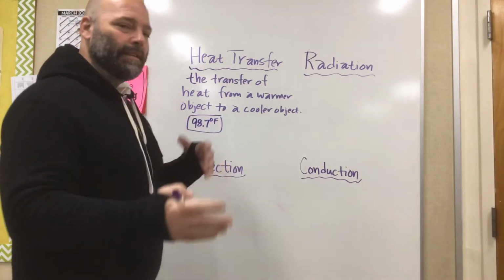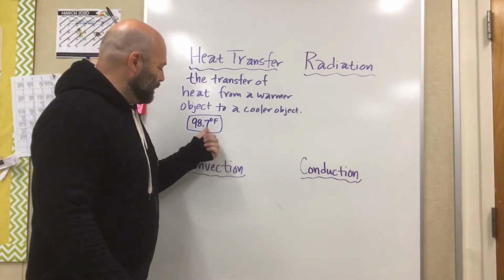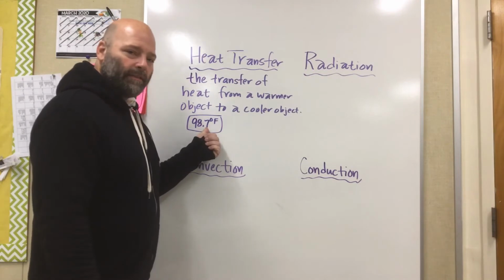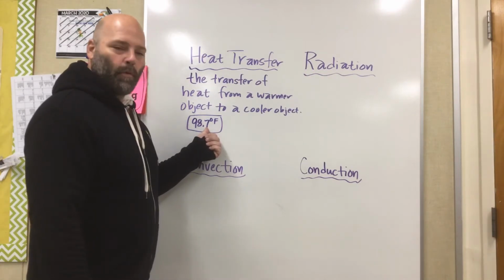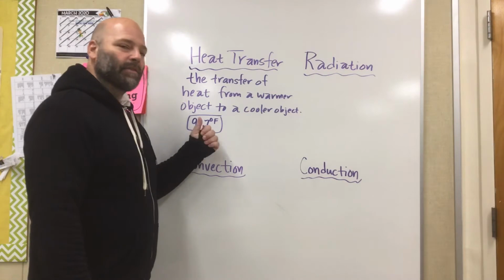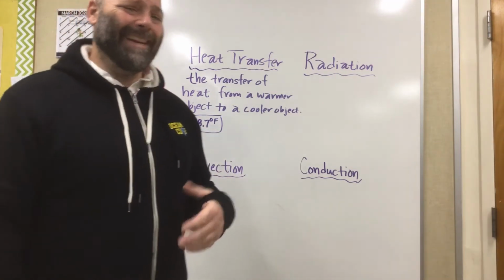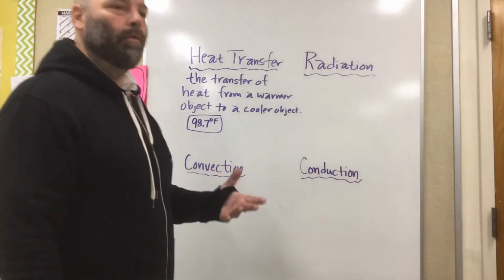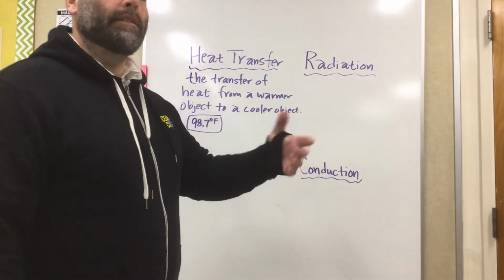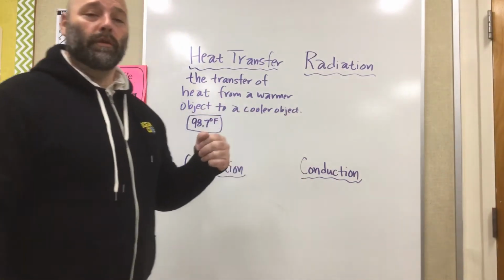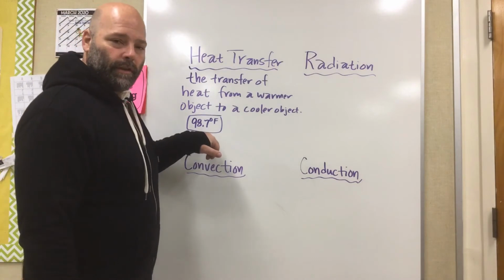Now you could deviate from that a little bit. You could go up to 98.9, 98.5, somewhere around in there. Some of you might be running about 99 degrees and it's totally normal. Some people run a little hotter than others. Some people run a little bit cooler than others, but this is the average, okay?